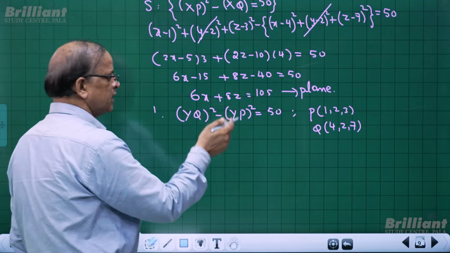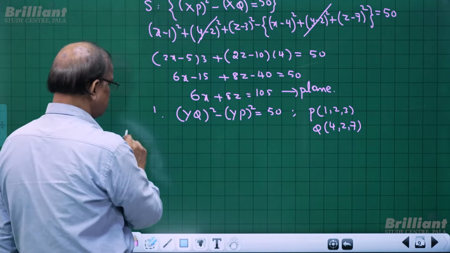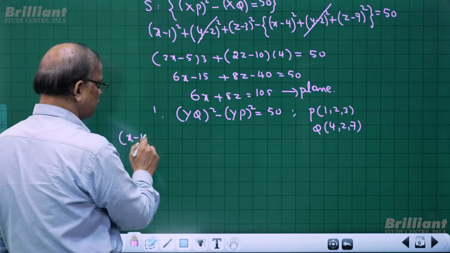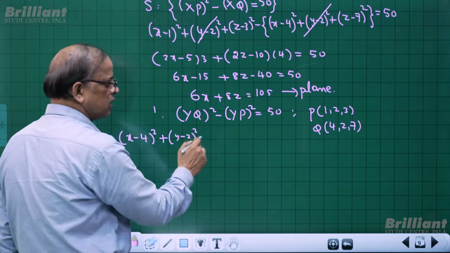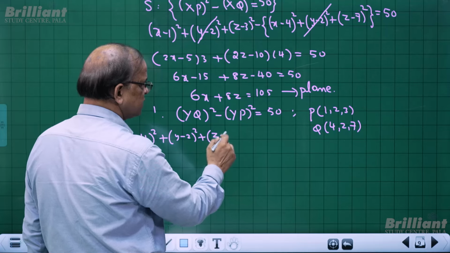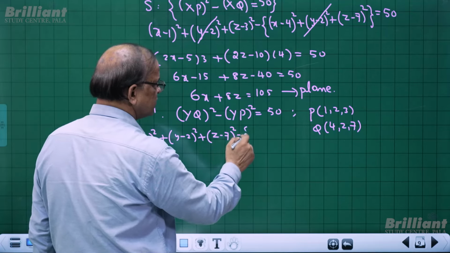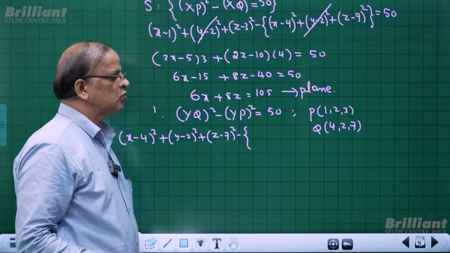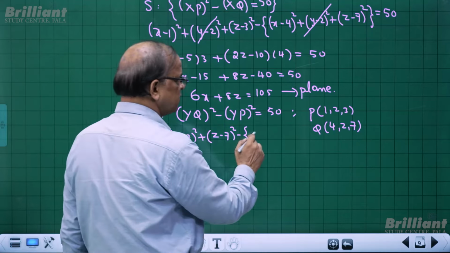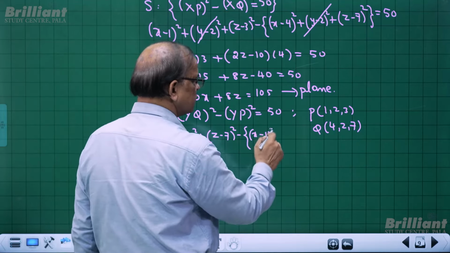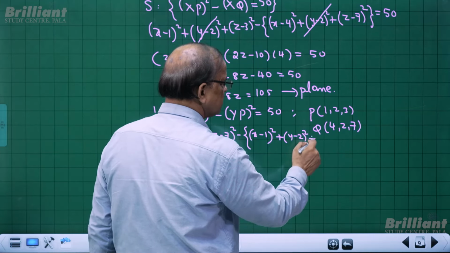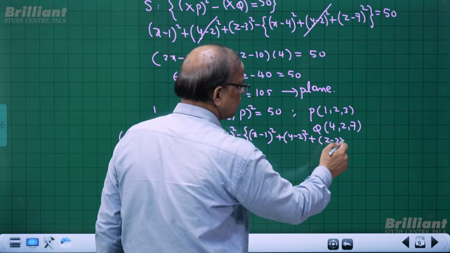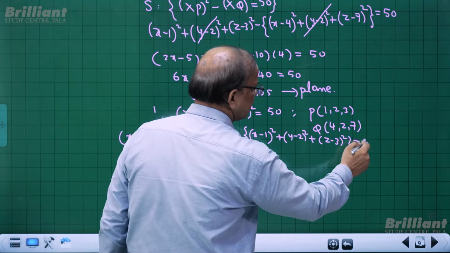So now I will write YQ squared. Taking Y as (x, y, z), that is (x minus 4) whole squared plus (y minus 2) whole squared plus (z minus 7) whole squared, minus YP squared, which is (x minus 1) whole squared plus (y minus 2) whole squared plus (z minus 3) whole squared, equal to 50.